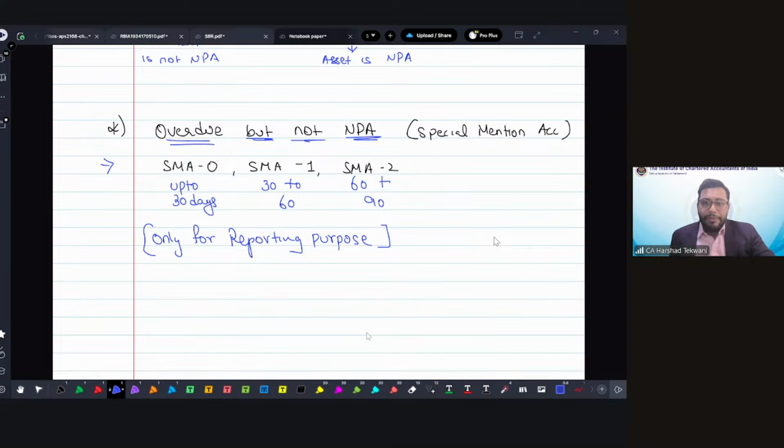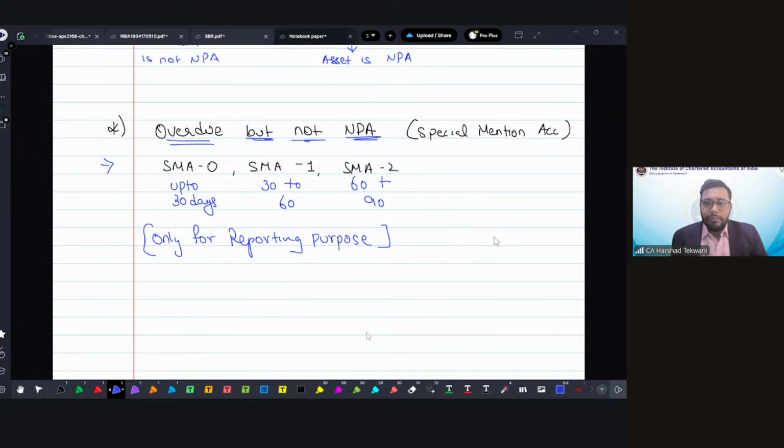Generally, it is 90 days. Again, in those categories, those are special mention accounts. As I said, they are not in standard, they are the special mention accounts. Okay, sir. I do not classify them into standard. They specifically lie in special mention accounts because there is a default already.